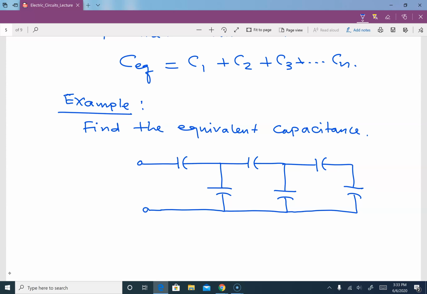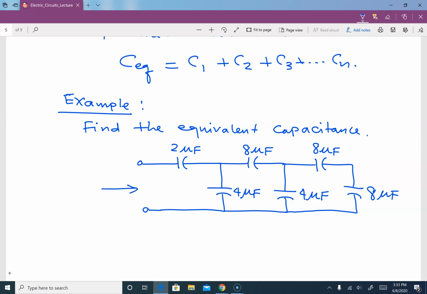So if I have this as 8 microfarad, 8 microfarad, this is 4 microfarad, this is 8 microfarad, 4 microfarad, and 2 microfarad.